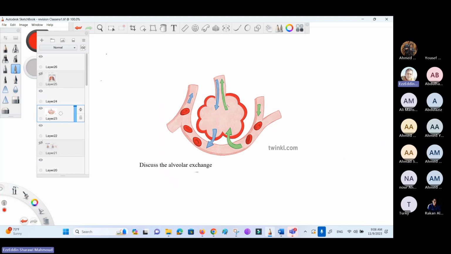What happens in alveoli and where are the alveoli? You know, for every organ, there is a functional unit. Let's remember them again. The organ of the lung has functional units called alveoli. The organ of kidney has another functional unit called nephrons.